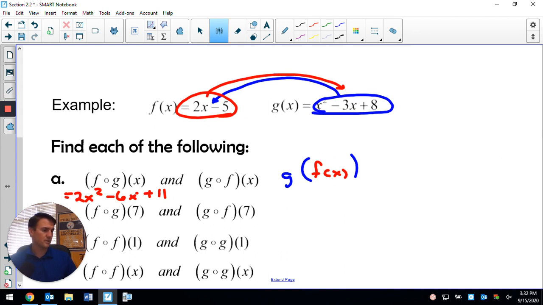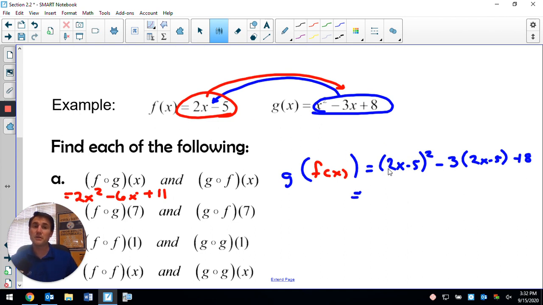What's that going to look like? That will be not x squared, but 2x minus 5 squared. And then not minus 3x, it's going to be minus 2x minus 5. And then plus the 8. So we've taken the 2x minus 5 part and substituted it everywhere there's an x in the other function.